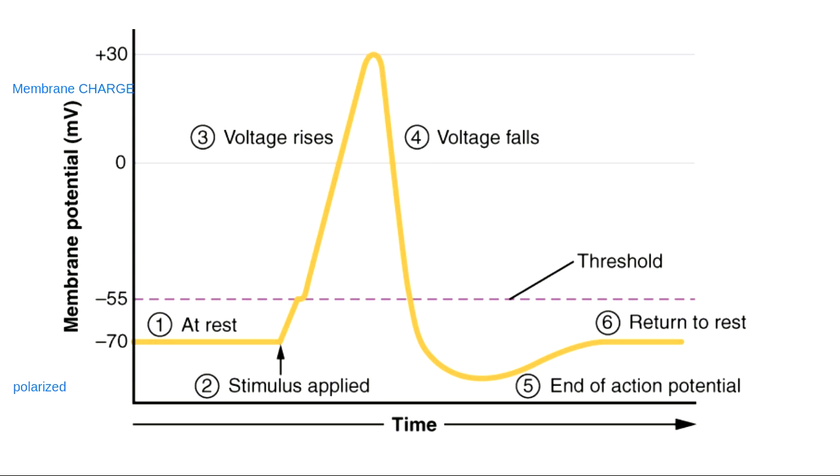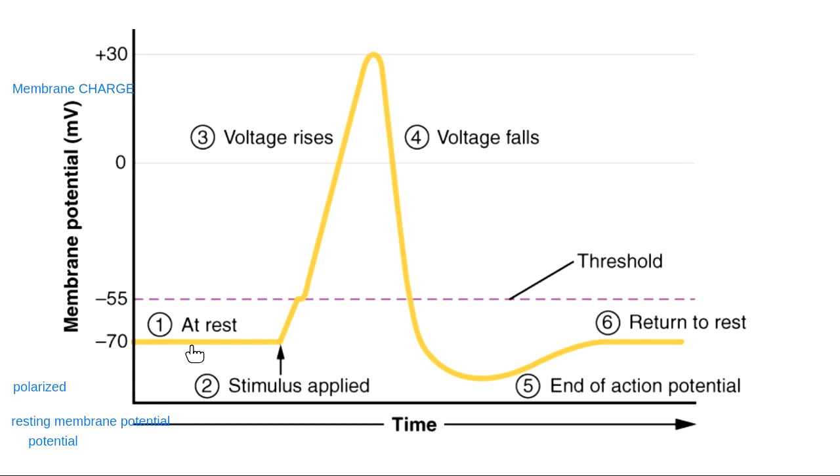Resting membrane potential. That's what you see right here where it says at rest and return to rest. This is just a fancy way of saying, hey, I've got a cell that's polarized, that's just chilling out. Nothing's really happening in it. It's listening to its neighbors.